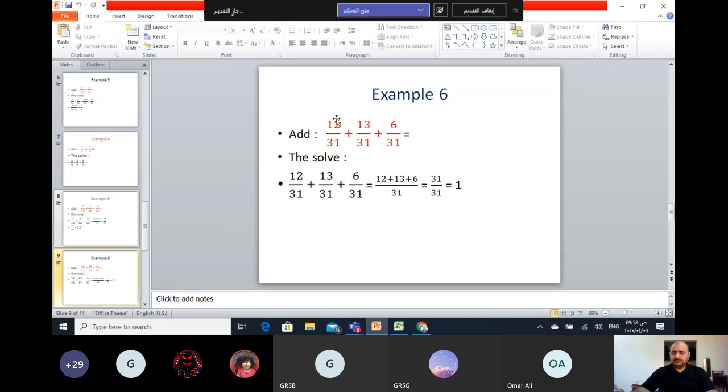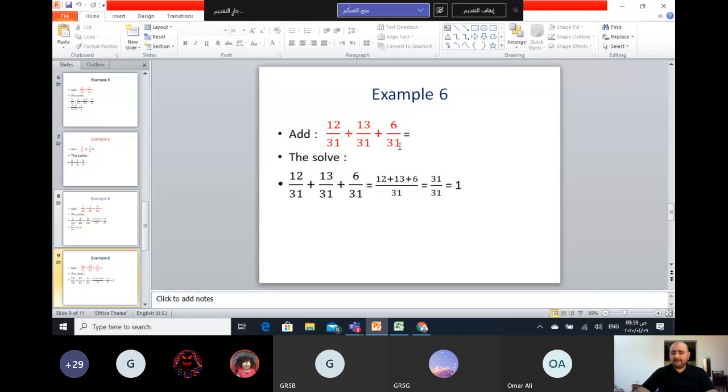Example 6 here. As you see, we have 12 over 31 plus 13 over 31 plus 6 over 31, and I want to add the 3 fractions. As you see, we have like fractions because they have the same denominator, 31.